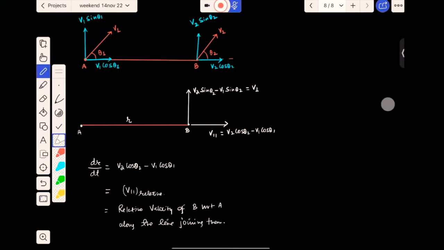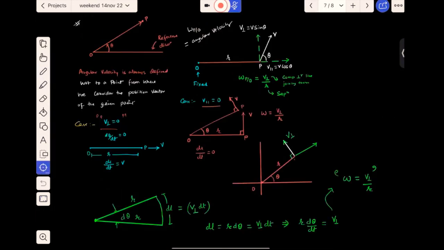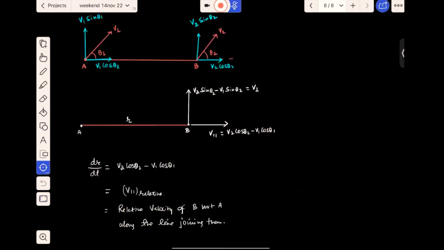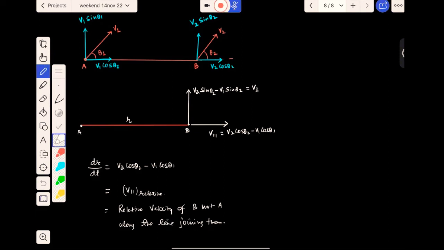Like the way earlier we got our omega, by finding the velocity of B that we see which is perpendicular to the line joining the point O and the point P. Same way here, the angular velocity of our particle B with respect to A, how much it is going around the line joining AB, will be decided by the velocity lying perpendicular to it.